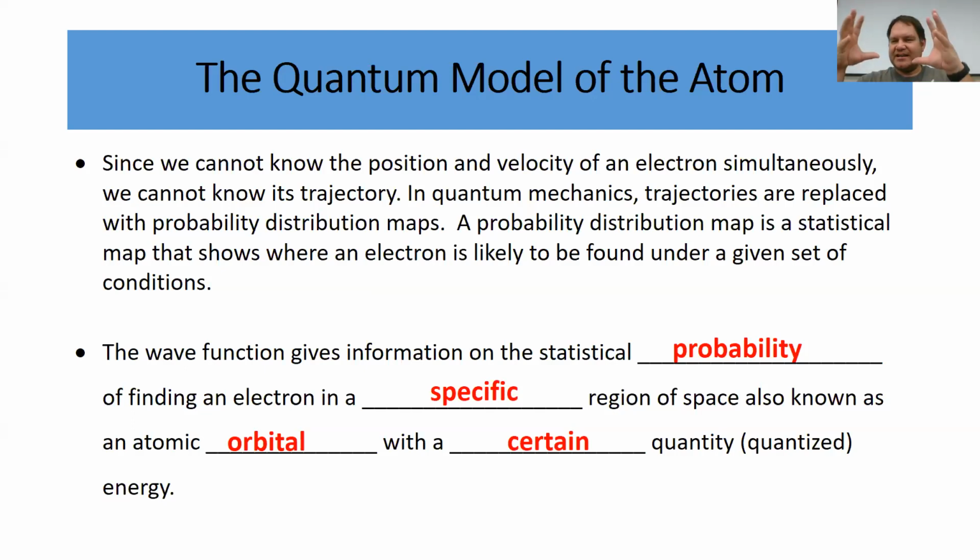We essentially get a sort of defined space, and that's going to be called an atomic orbital. Within that atomic orbital, somewhere in that orbital, we have a probability of finding the electron, okay? Now, an electron that's going to be somewhere in that orbital space is going to have a quantized energy.